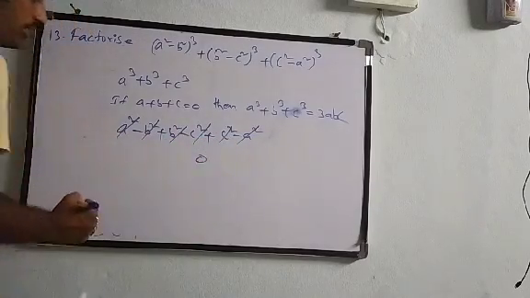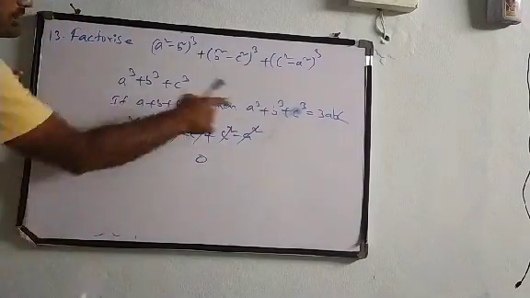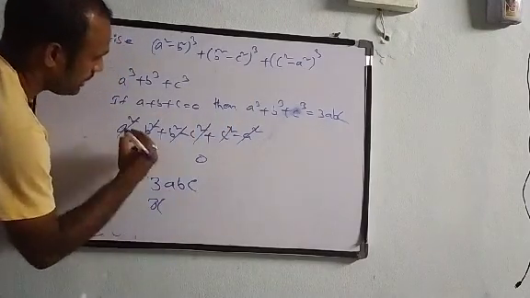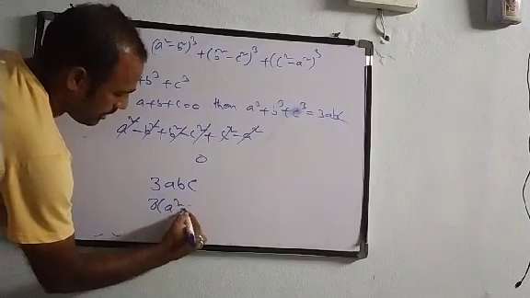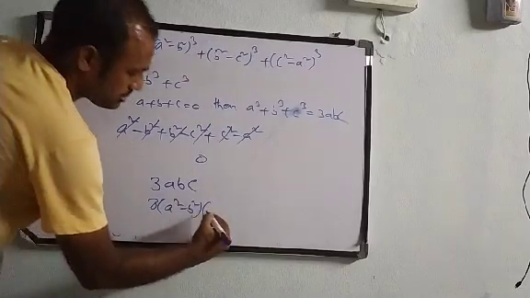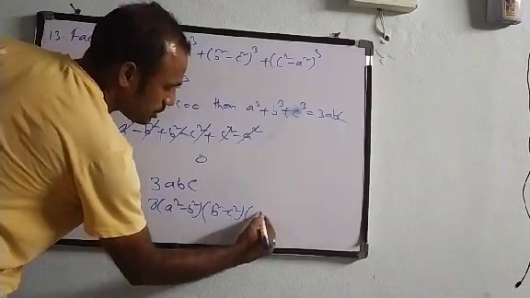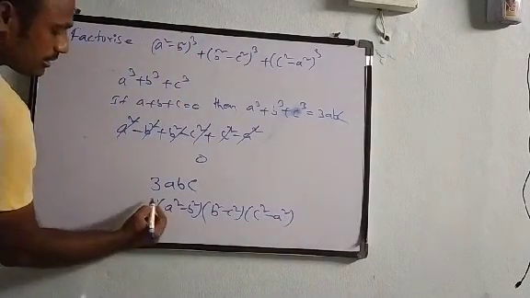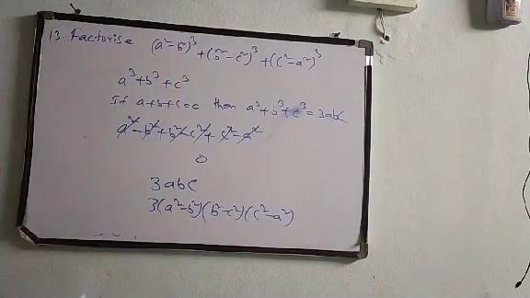So it is 0. So we can write a cube plus b cube plus c cube directly as 3abc, that is 3 into (a square minus b square) into (b square minus c square) into (c square minus a square). So this is the answer.